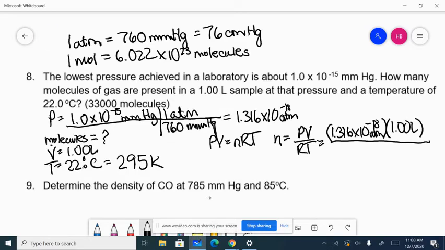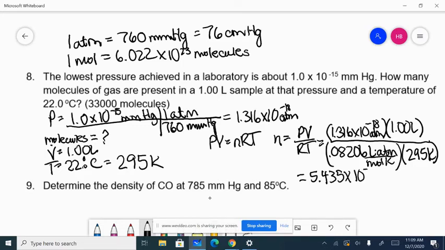R, times T of 295. And this gives us an answer of 5.435 times 10 to the minus 20 moles.